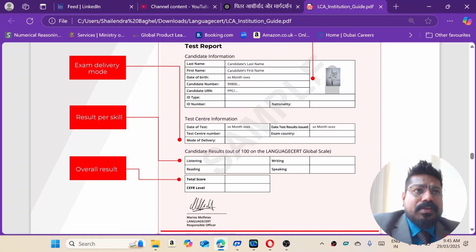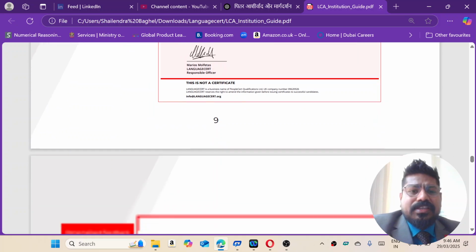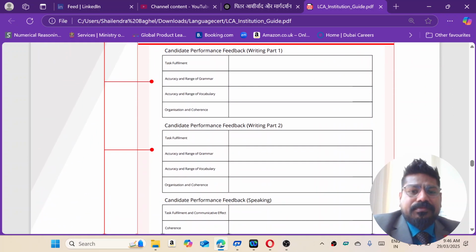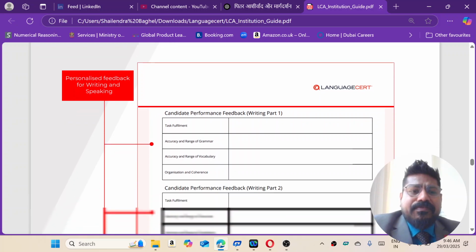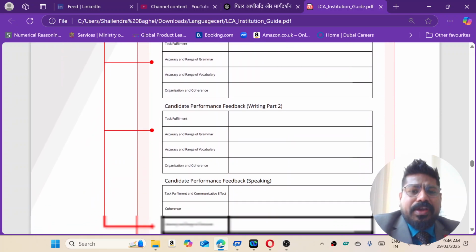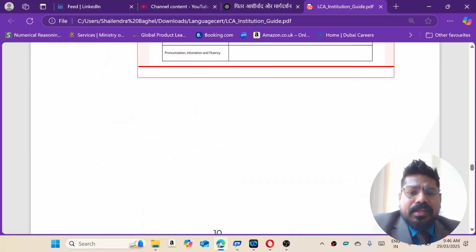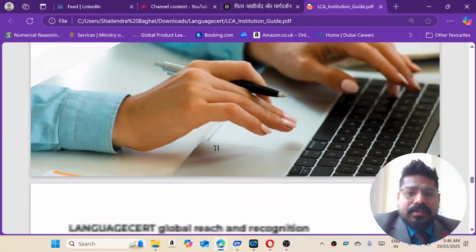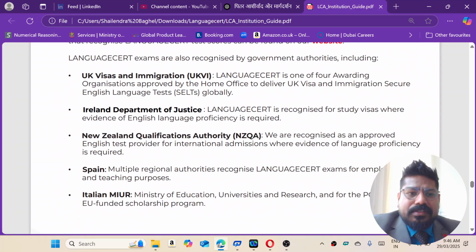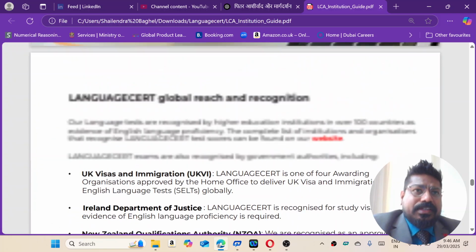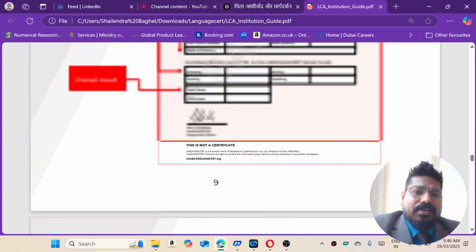The third block, which is important, which is listening, writing, reading, and speaking, and overall test score and CEFR level. And the detailed feedback for each: writing, part 1, part 2, speaking, and that's how it looks. So yeah, that's it. I hope you have got a fair idea.